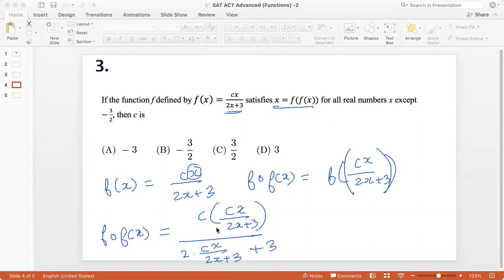So wherever I had x, I put f(x) and I got f(f(x)). And this is equal to x. This is given here. Right, so now let's solve this. I'll clear this part.